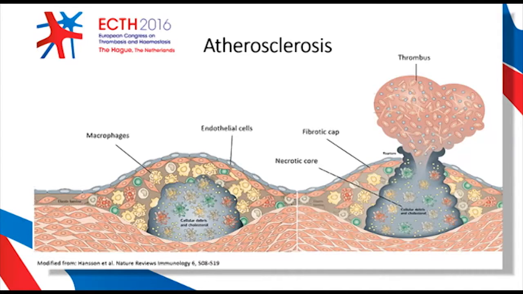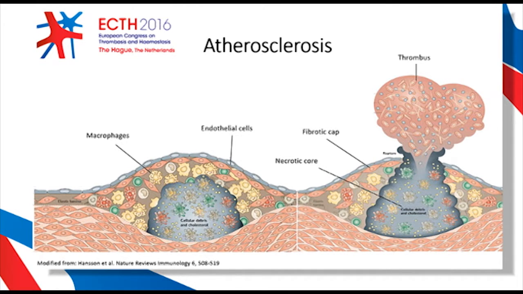So atherosclerosis is a chronic inflammatory disease at the site of the arterial wall upon infiltration of fats. And in this process, many processes are involved. So the macrophages, as you can see here, infiltrate, which is important, and over time a plaque is formed.